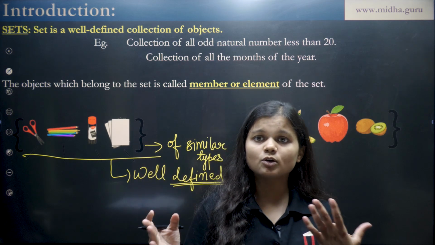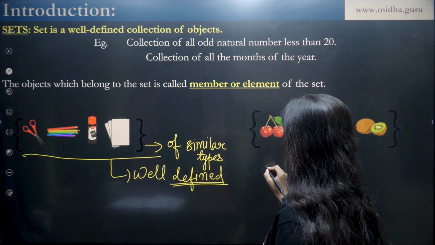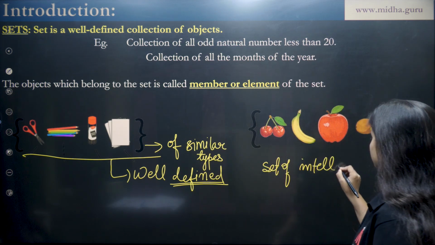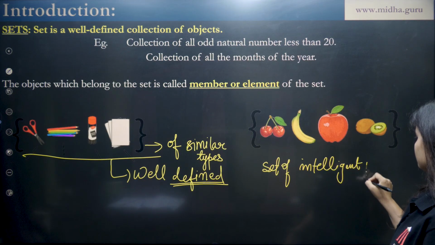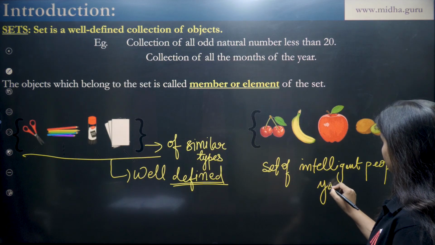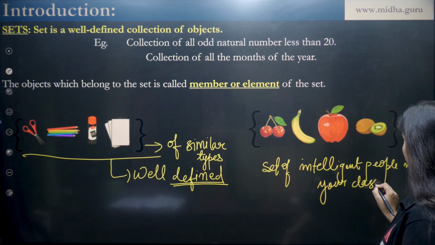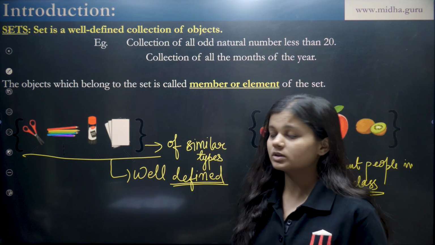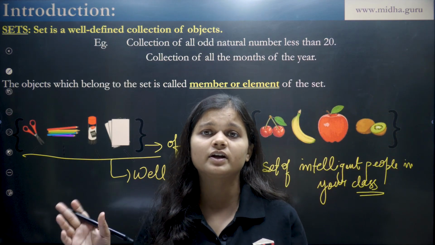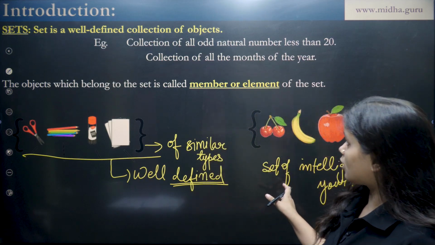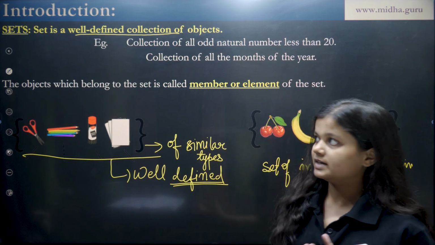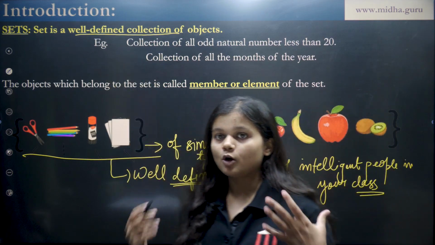So this cannot be called a set, like a set of intelligent people in your class. Is this a set? No, this cannot be called a set because the concept of intelligence is different for different people. Set is a collection of well-defined objects.